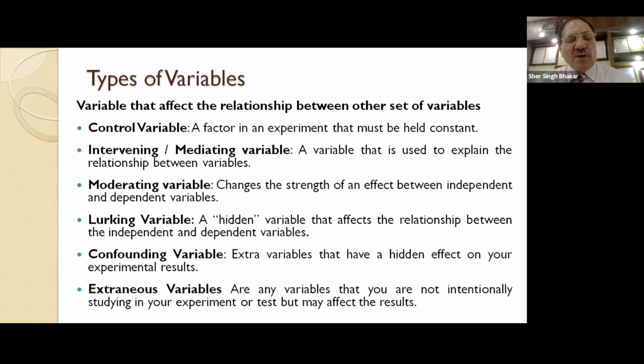So as far as possible, that is the reason why we should use a maximum number of variables in our study, so that they don't become confounding, extraneous or lurking variables. Either we control the variable or we use it in the model. We don't leave variables to affect the results of our study without controlling them or including them in the model. So it is very important to understand lurking, confounding, and extraneous variables.